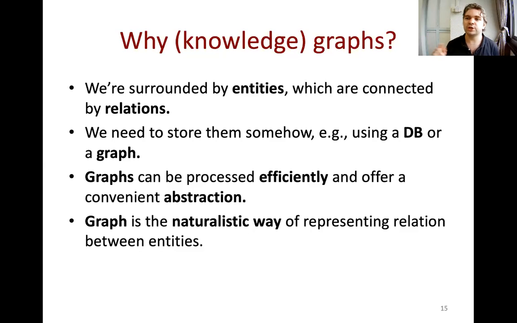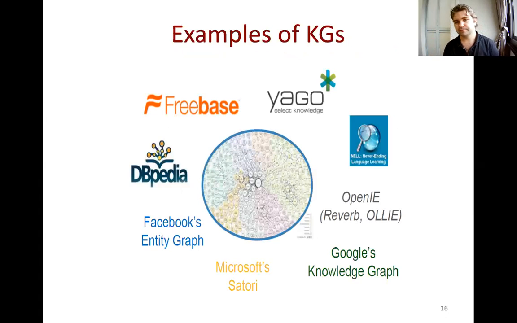So it's not like a relational database, but an object database, a NoSQL database. Graphs can be processed efficiently and offer convenient abstractions, the way we are used to working with hierarchies. A graph is a very natural way to represent the relations between entities, and therefore this is something you can work with.